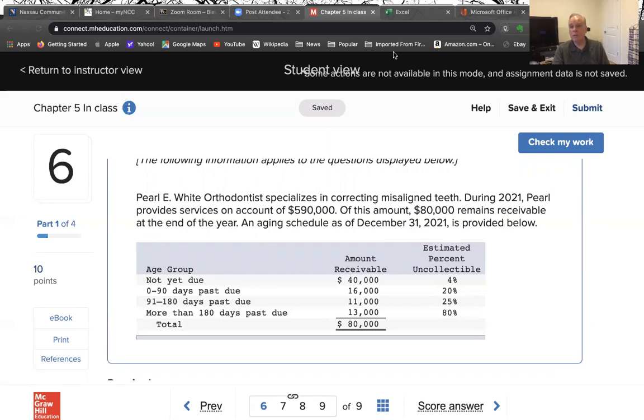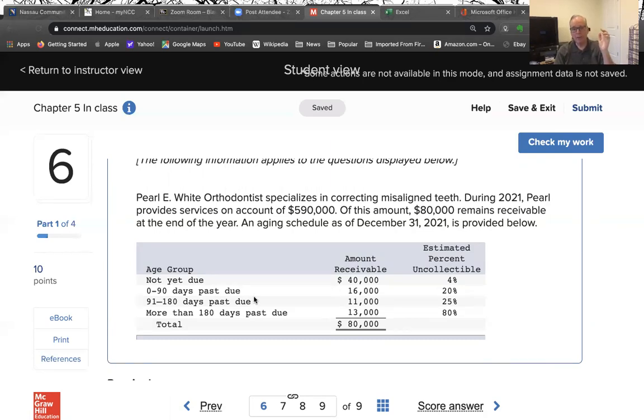In other words, we're saying that it's not enough just to say that 20% won't be collected. That we need to look in more detail. And to do that, we need to break the accounts receivable into categories based on how old the debt is.